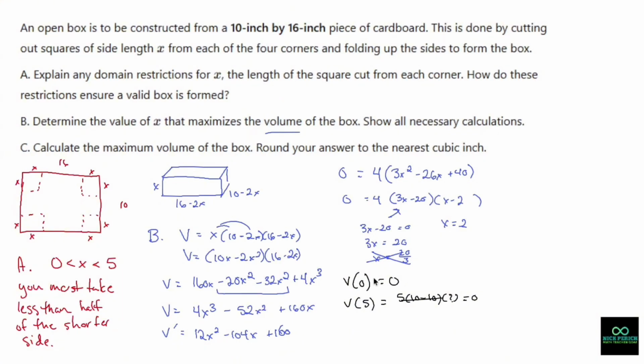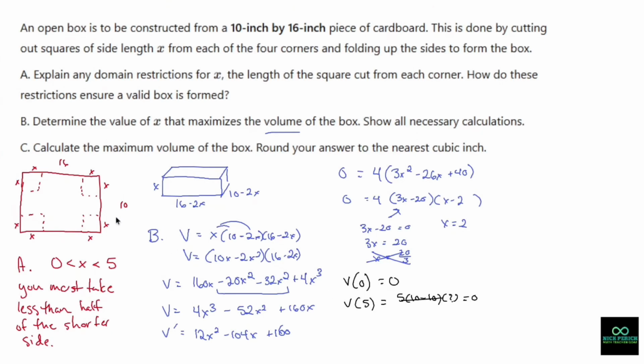Now, we knew this. We knew by plugging in 0, that's me basically saying, I cut out nothing. Now, I know 0 is not allowed, so if we just make believe that this is 0.00000000001, I'm going to basically get 0.000000001, and that's not going to be a big volume.